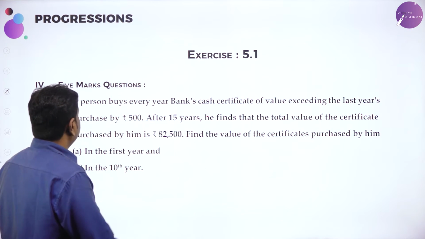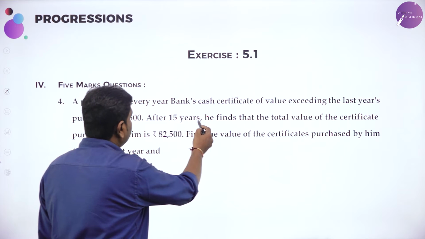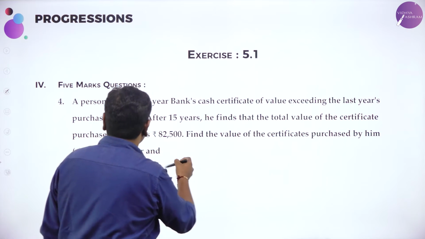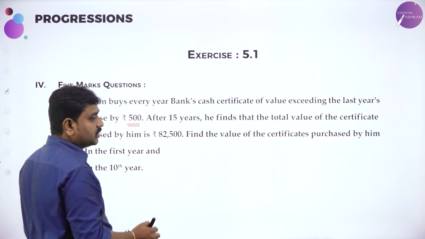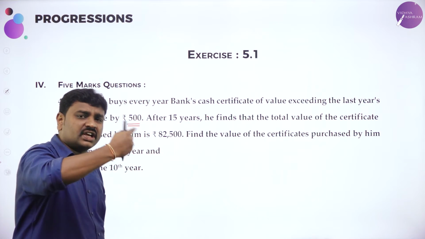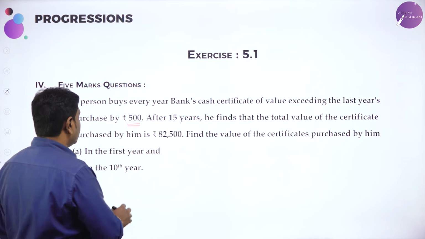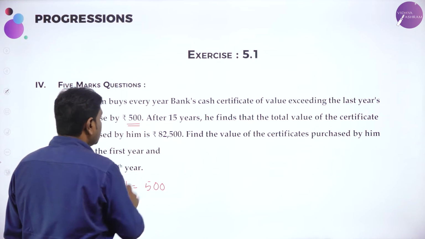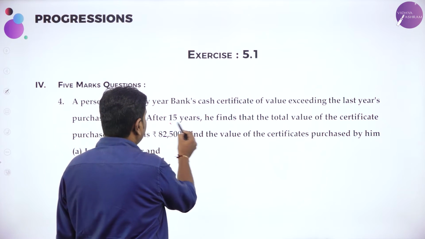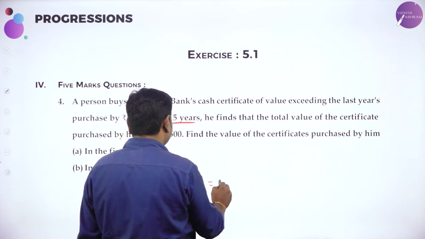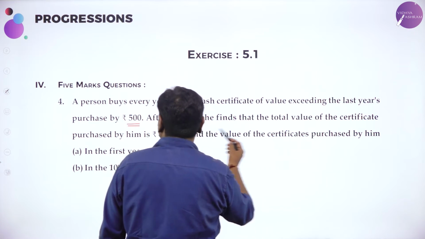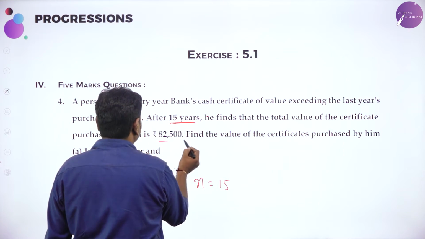Next, a person buys every year a bank's cash certificate of value exceeding last year's purchase by 500 rupees. Last year whatever he purchased, every year it increases by 500 rupees. So according to me, common difference is 500 rupees. After 15 years, so n is 15 because 1 year is 1 term, he finds that the total value of the certificate purchased by him is 82,500.